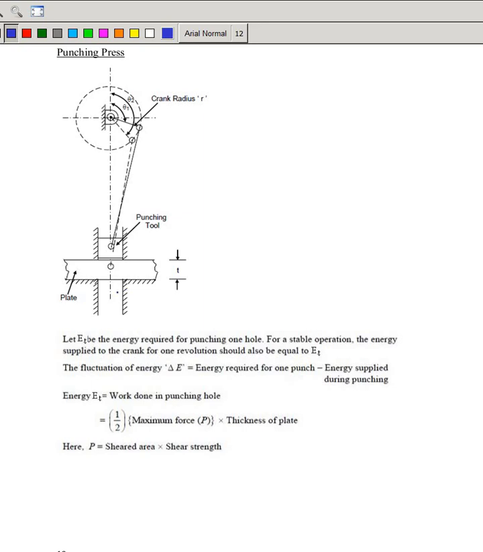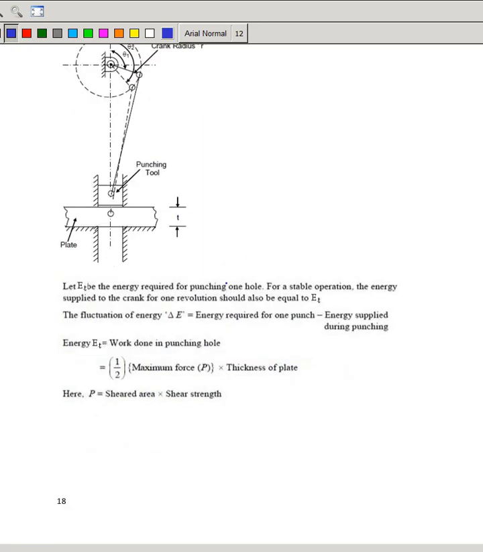It should be a little more than Et maybe, to overcome the frictions and everything, but more or less it is Et.